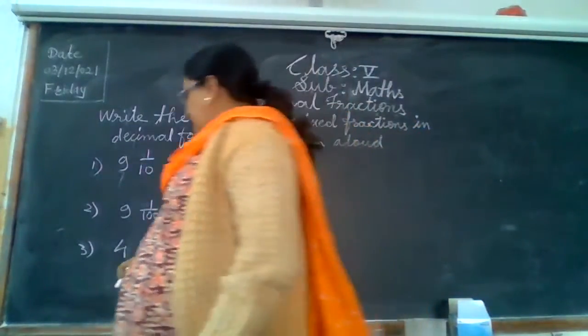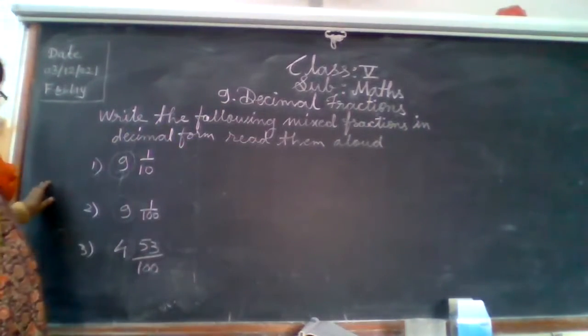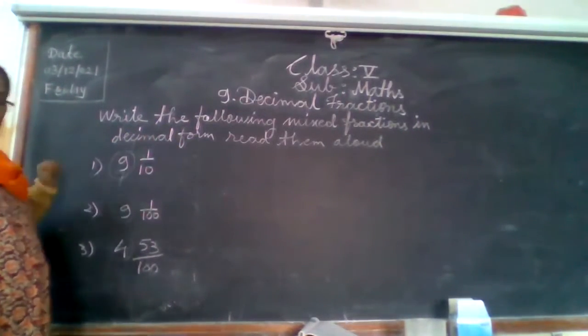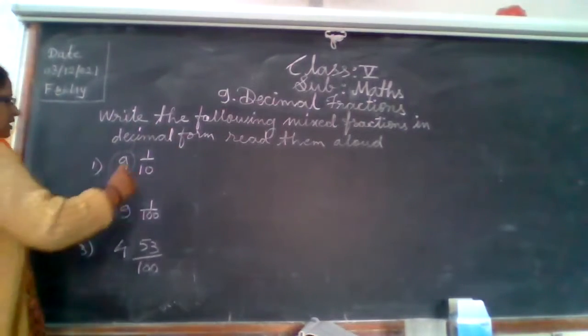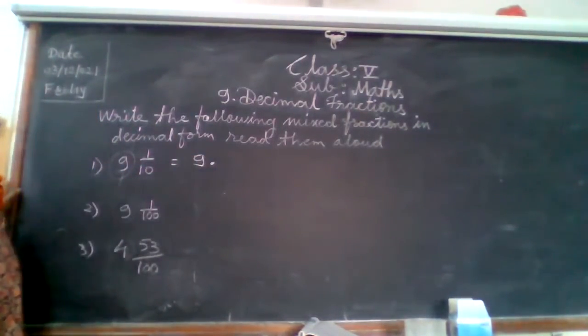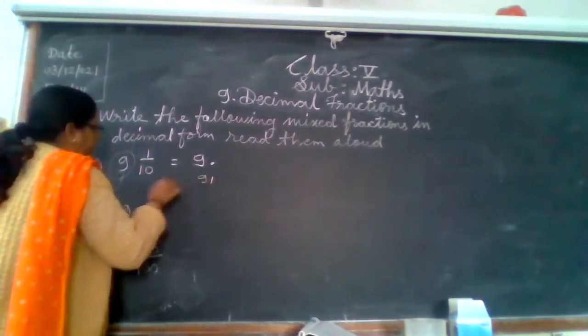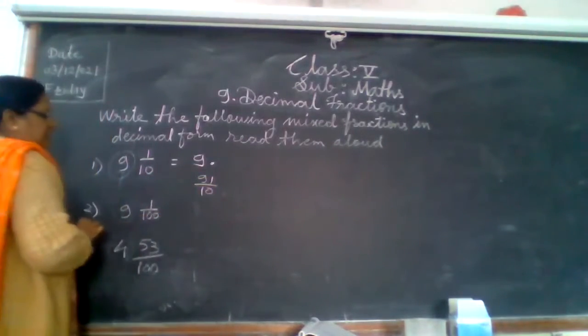See children, nine is the whole number. So how will you write it in the decimal form? Here the whole number is 9. Then put the decimal point, 1/10. If you divide this 1 by 10, what do you get? Or see children, one more thing, you can convert it into an improper fraction. 10 into 9 is 90, 90 plus 1 is 91, over 10.